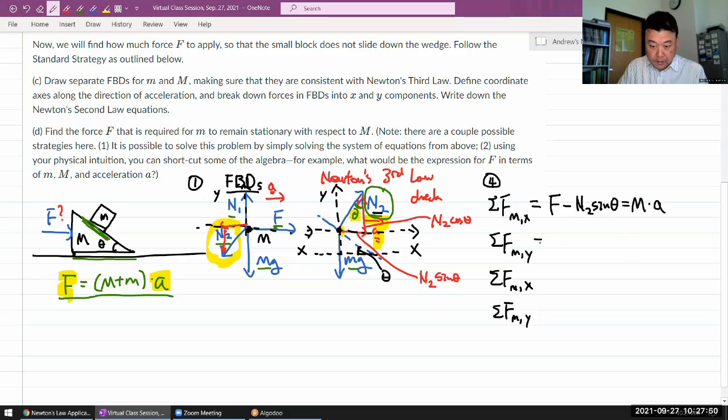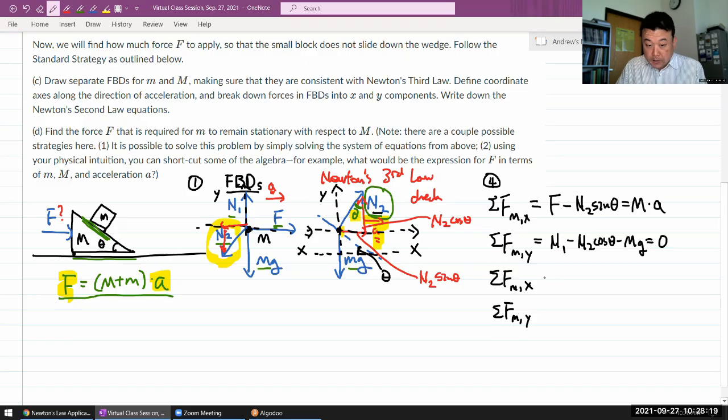Okay, let's keep going. Net force in the y direction. There's a few. I have the normal force n1, and then I have the downward forces, the y component of n2 and mg. So minus n2 cosine theta minus big mg is equal to 0. We are not accelerating vertically. That was the whole point of why we chose our axis the way we chose it.